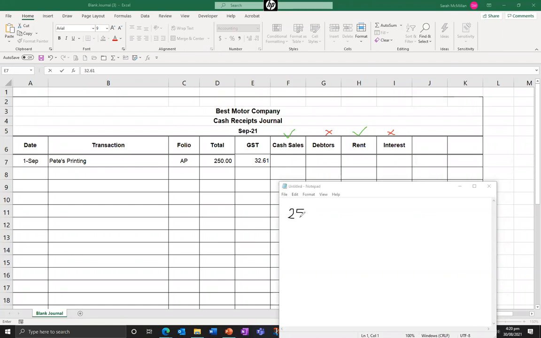Our next step is to then deduct the GST from the total. So 250 take away $32.61 equals $217.39. Now this $217.39 is what you would then write into the rent here.